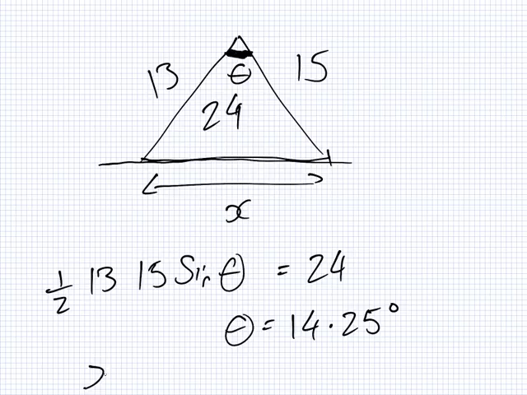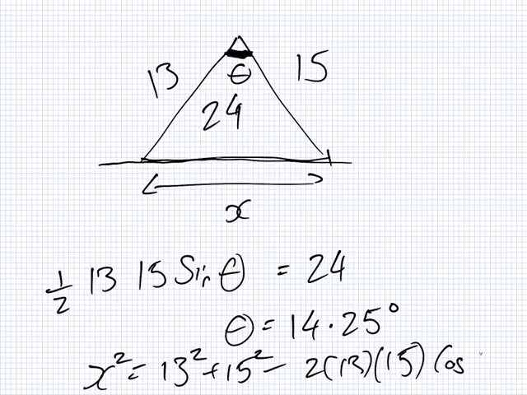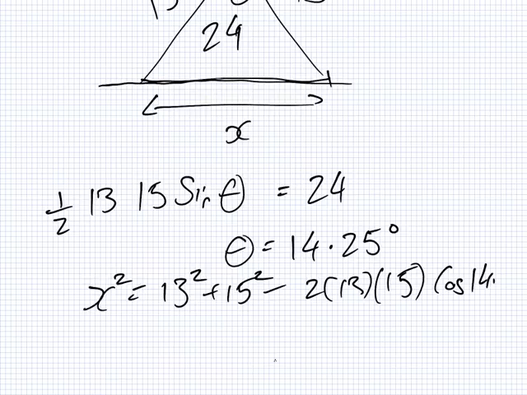So we can say x squared equals 13 squared plus 15 squared minus twice 13, 15 cos 14.25 degrees. So you get 4 as the x.